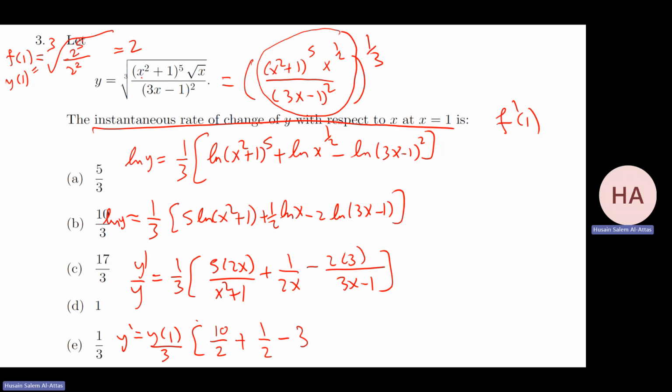Correct? Yes, this is 2 cancelled, minus 3. So that will make it 5 minus 3, this is 2 plus half. So it will be y at 1, which is 2, over 3 times 5 over 2, and that will make it 5 over 3, which is this one.